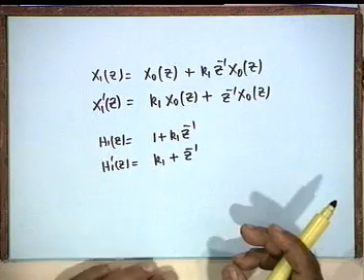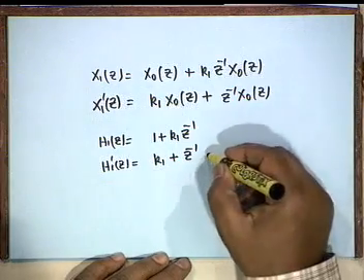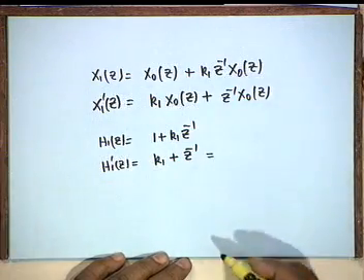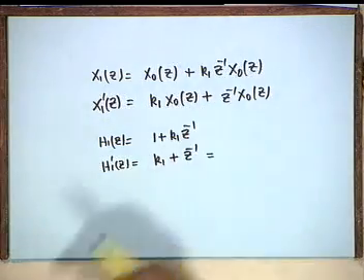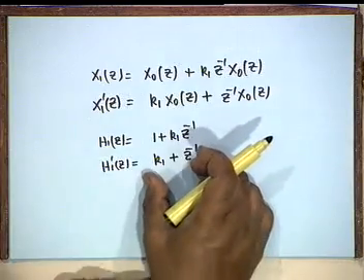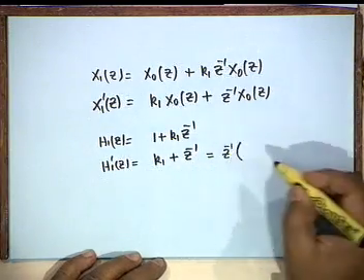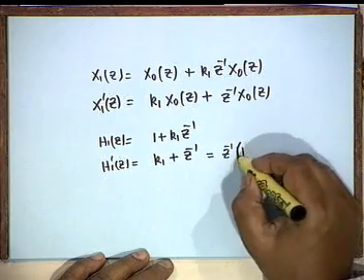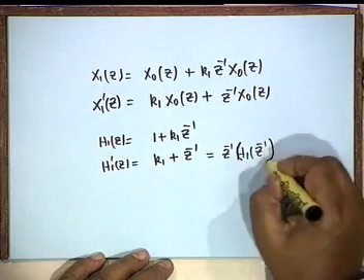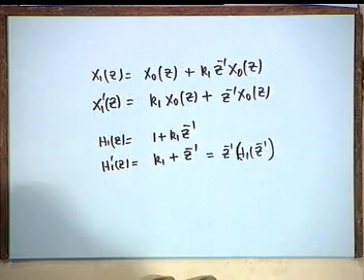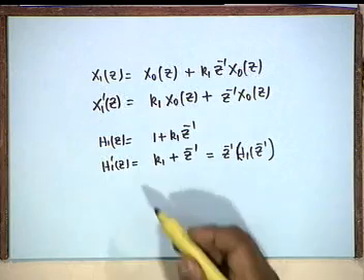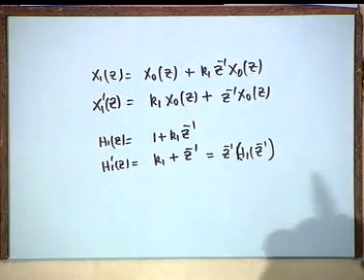But something to notice is that, since the ratio of the two is an all pass function, obviously this can be written as z inverse H1 of z inverse. Agreed? This is the relationship between H1' and H1.